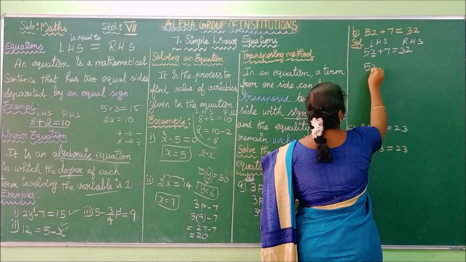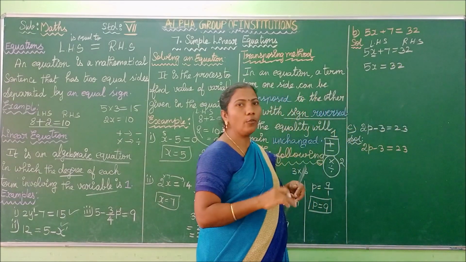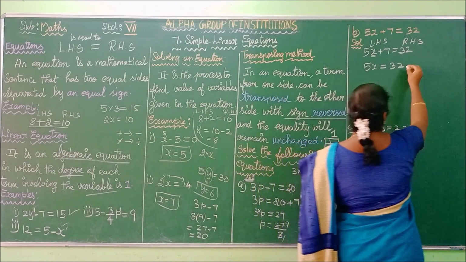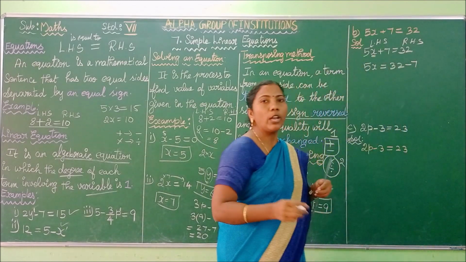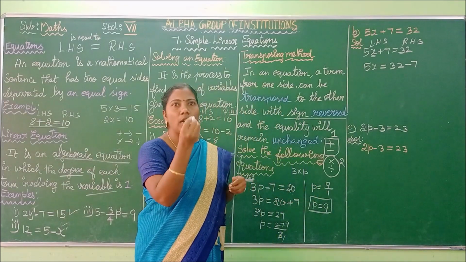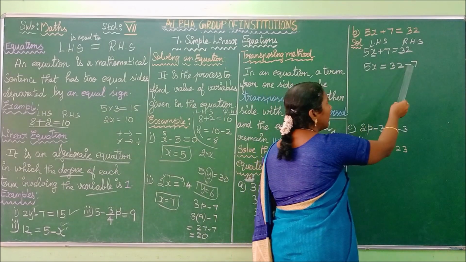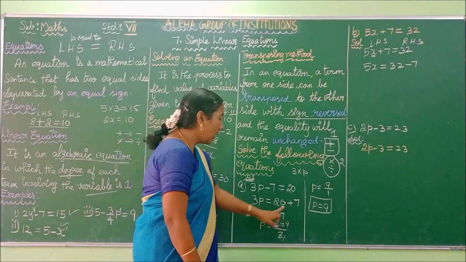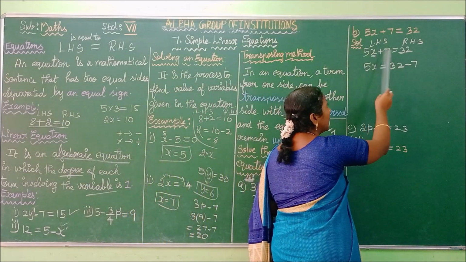So 5x equal to 32. How will you change the 7? Yes, minus 7. How do you change it? Minus 7, because by the transposing method, while you are bringing a term from one side to another, its sign should be reversed. So plus is reversed as minus. Here we reverse minus as plus and multiplication as division. Similarly, here we are reversing the plus as minus.